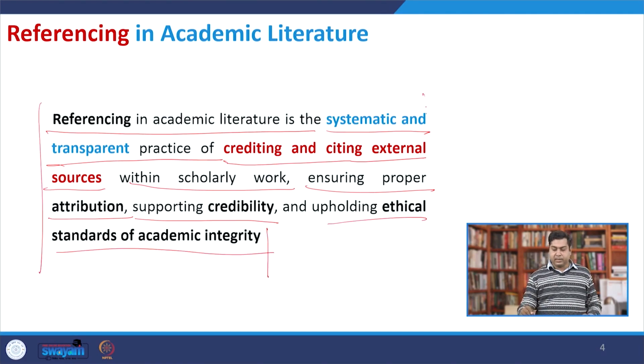There are certain highlighted words that we need to understand one by one. So, referencing is definitely a systematic and transparent way to do it. We will also look at how to give the citation and write the references.